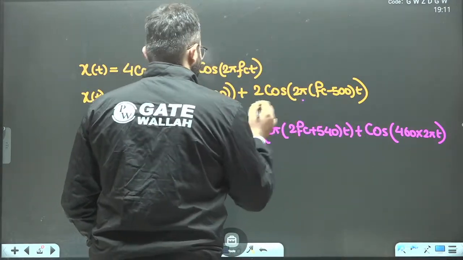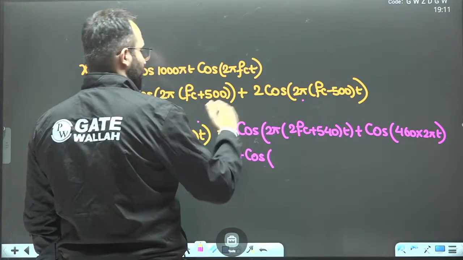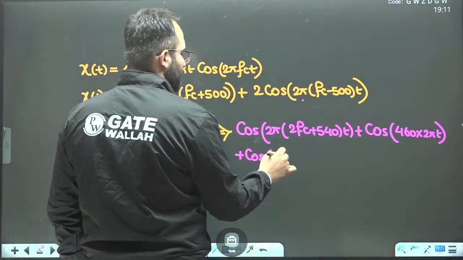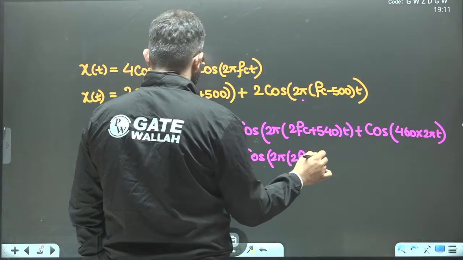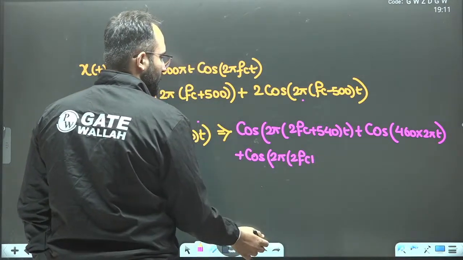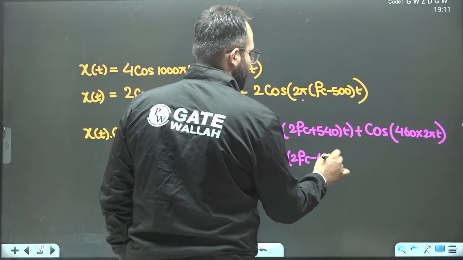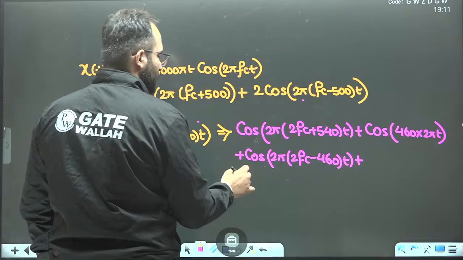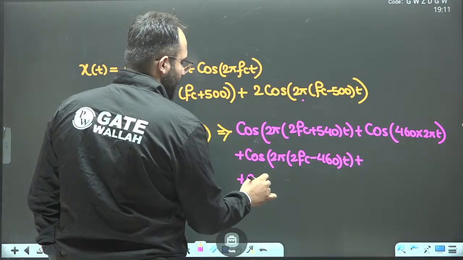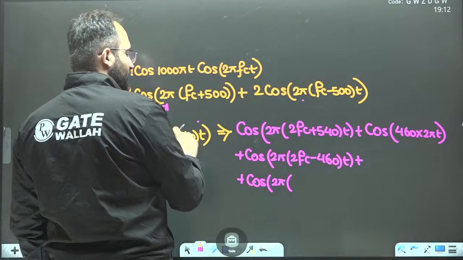Similarly, when you multiply the other two, we add the two frequencies, 2fc - 460, then subtract the two, and we get cos of 2π times 540.